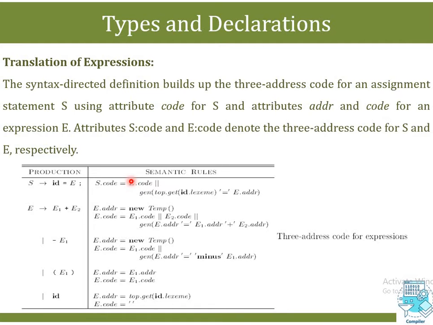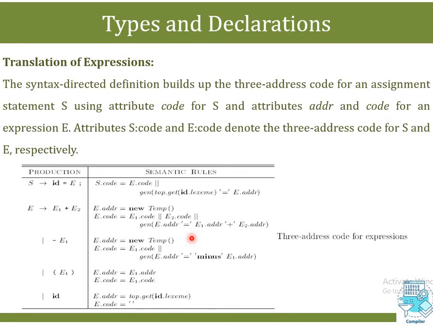Now how are we generating the code? By using the function gen, we will be generating the 3 address code. So by using this grammar along with this semantic rule only, we will be generating the 3 address code. Okay, so I hope it is clear for you.